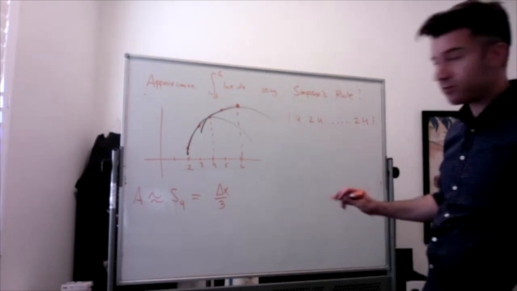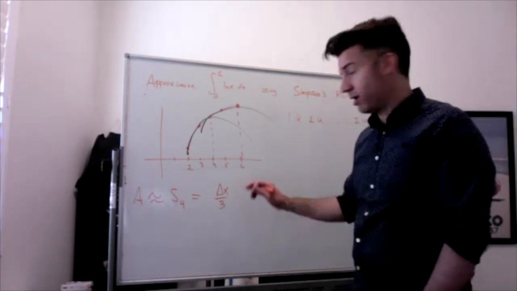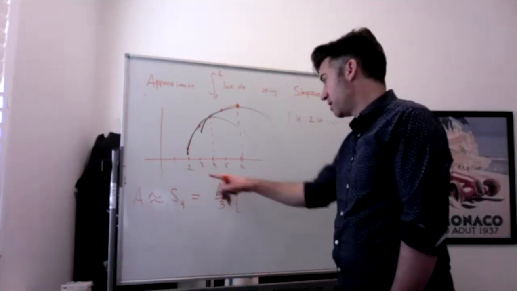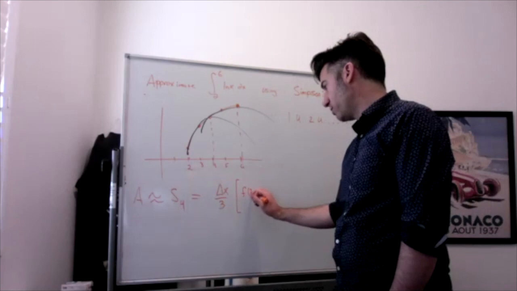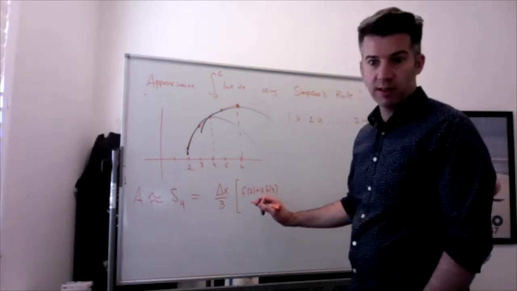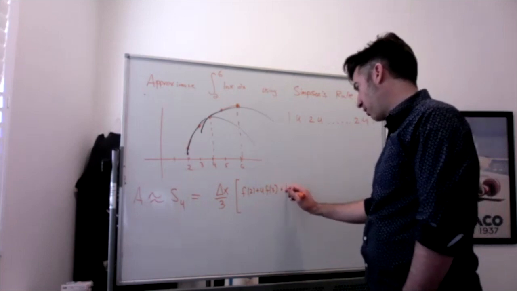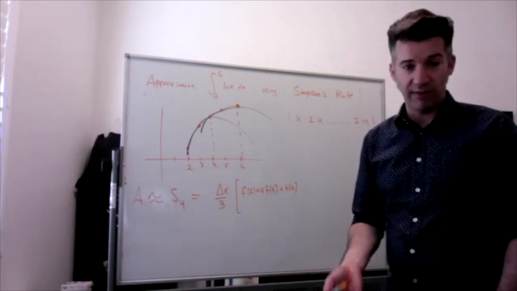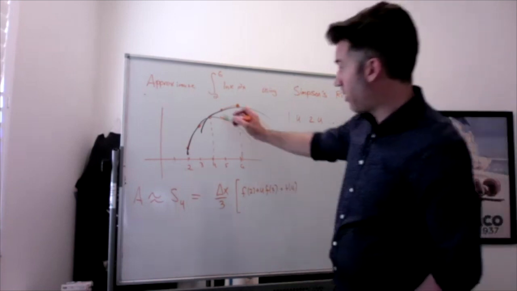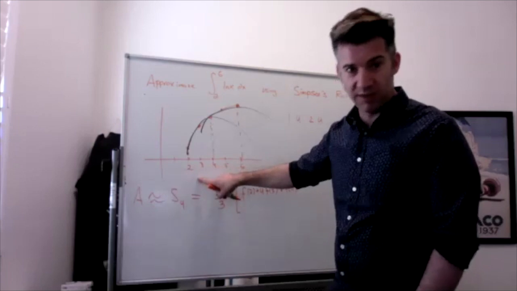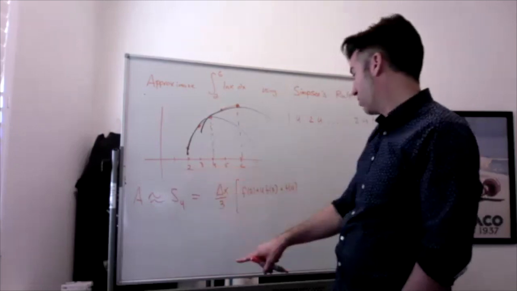So here's the pattern. Here's why it works this way. For the first parabola, it's f of 2 plus 4 times f of 3 plus f of 4. This is not a formula I've ever verified, but the area under this part here is f of 2 plus 4 times f of 3 plus 1 times f of 4.